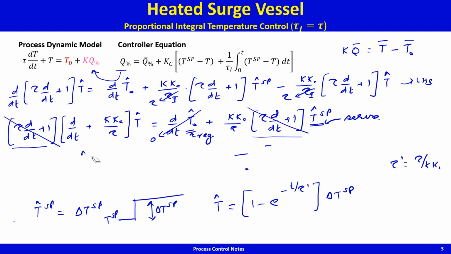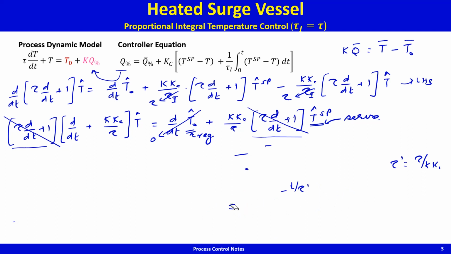If you want the regulator response, then this neat cancellation that happened previously does not happen, and you actually end up getting a second order differential equation that must be solved. And let me just derive that equation, and then we'll try and solve it as quickly as we can.